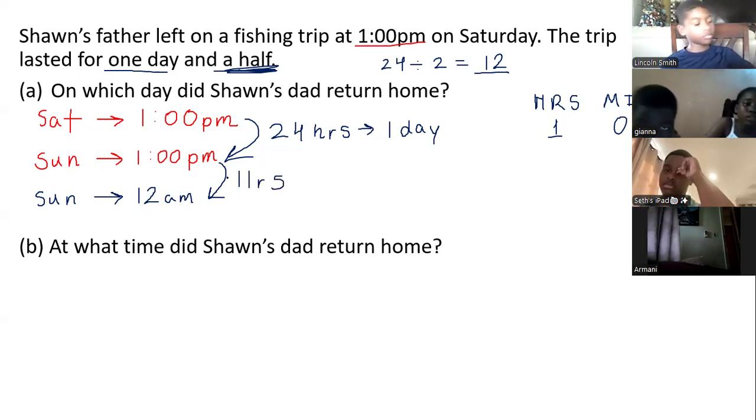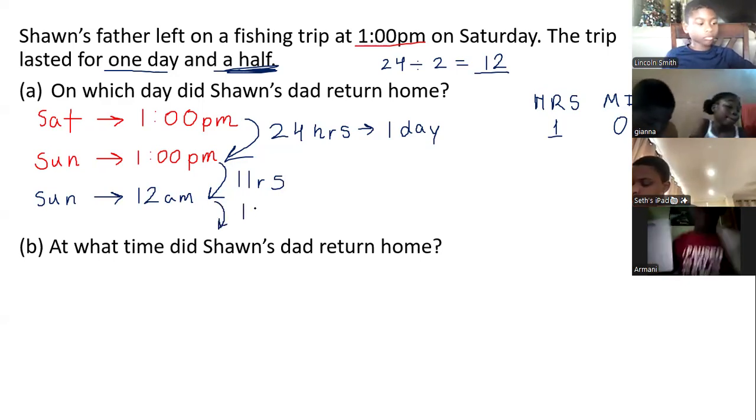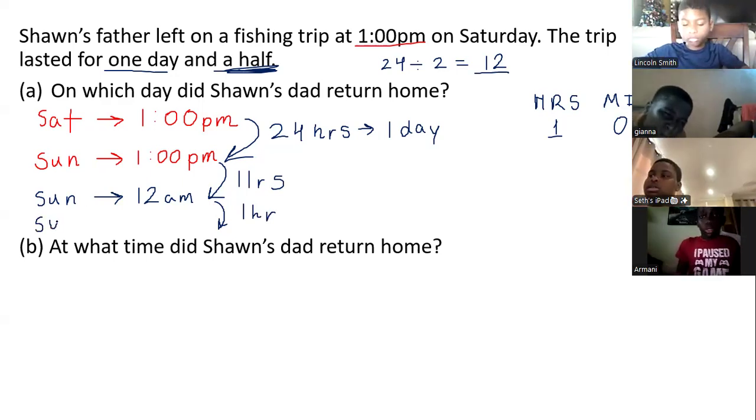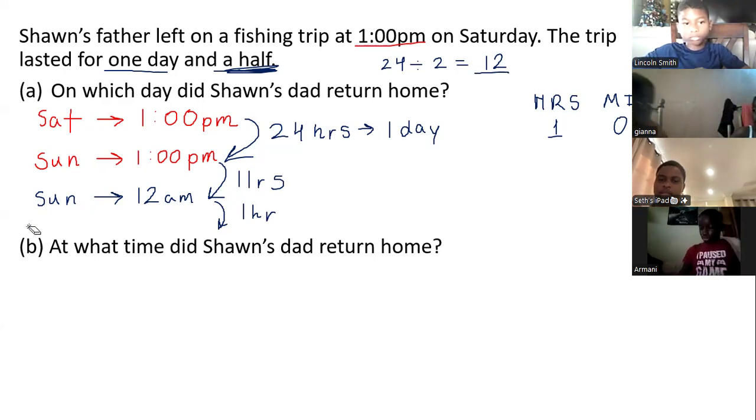And we're not done because we need 1 more hour. So what does that mean? That means that if we add 1 more hour, it will be Sunday. Well, not Sunday no more. It'll be Monday because the day had changed.